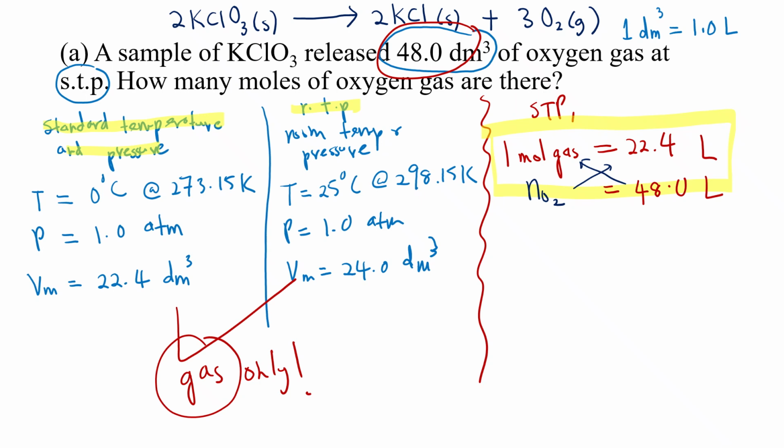Okay, so yang ni, this mole dan yang ni kumpulkan di sebelah kiri. Ini kumpulkan di sebelah kanan. Okay, and finally, awak solvekan ikut mathematical procedure seperti biasa. So that will be mole oxygen equals to 48.0 bahagi dengan 22.4.